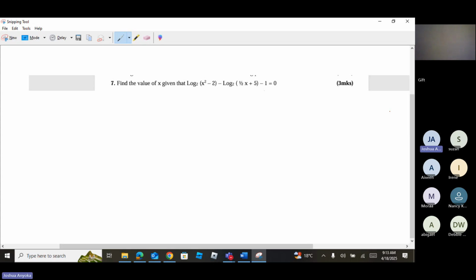Trial 2, paper 2, question 7. Find the value of x given that the logarithm base 2 of x squared minus 2, minus log base 2 of half x plus 5, minus 1 equals 0.